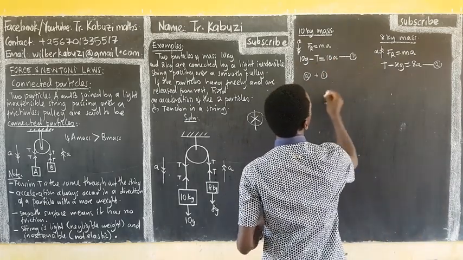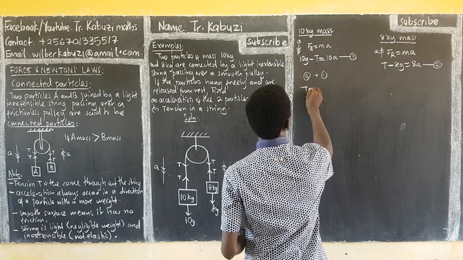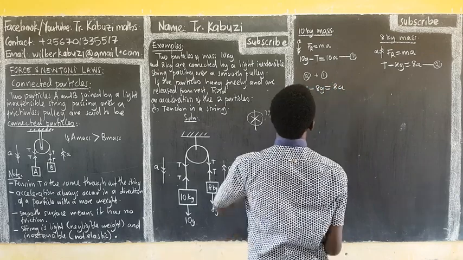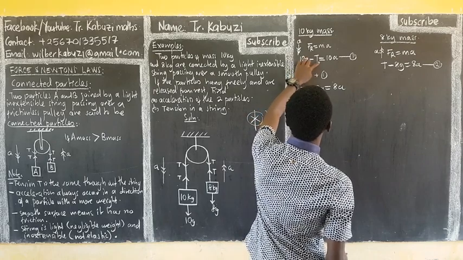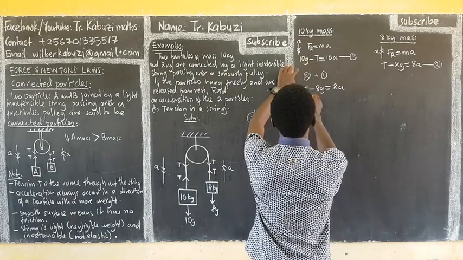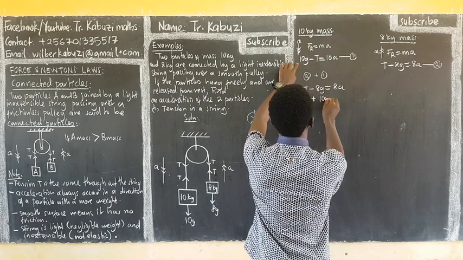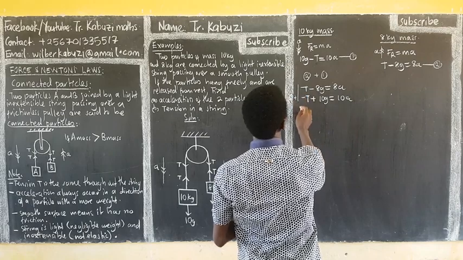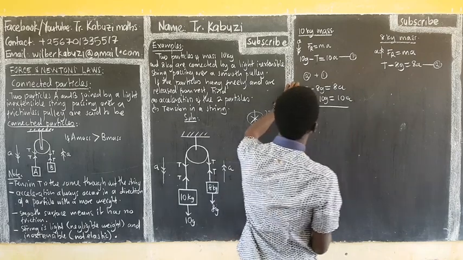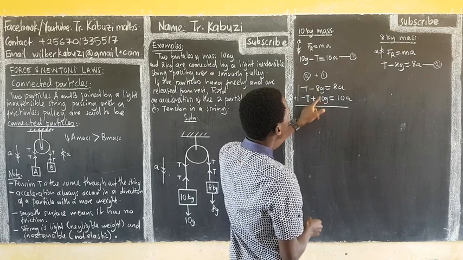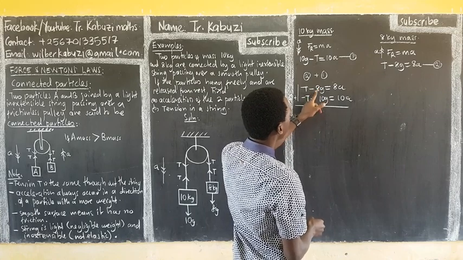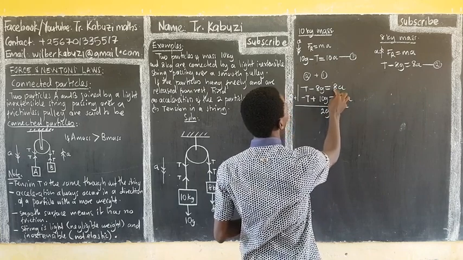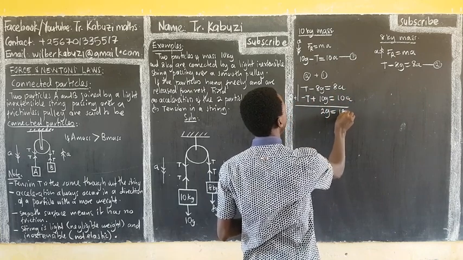Starting with equation 2, which is T minus 8g equaling 8a. Equation 1 I just rearrange: negative T plus 10g equaling 10a. Then I add. T goes to 0, and we get 2g equaling 8 plus 10, which is 18a.